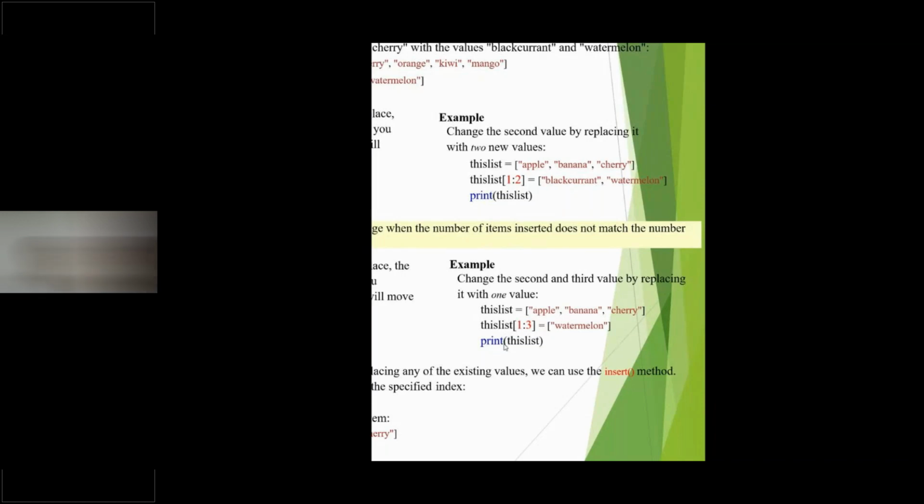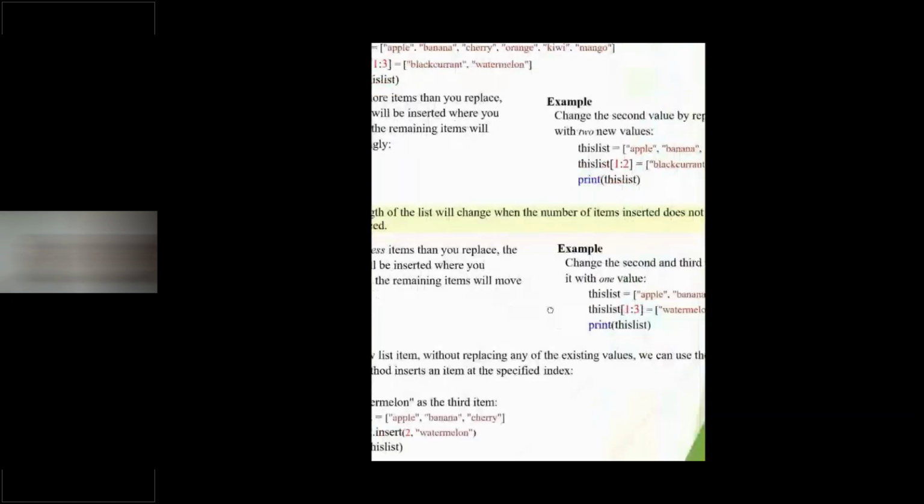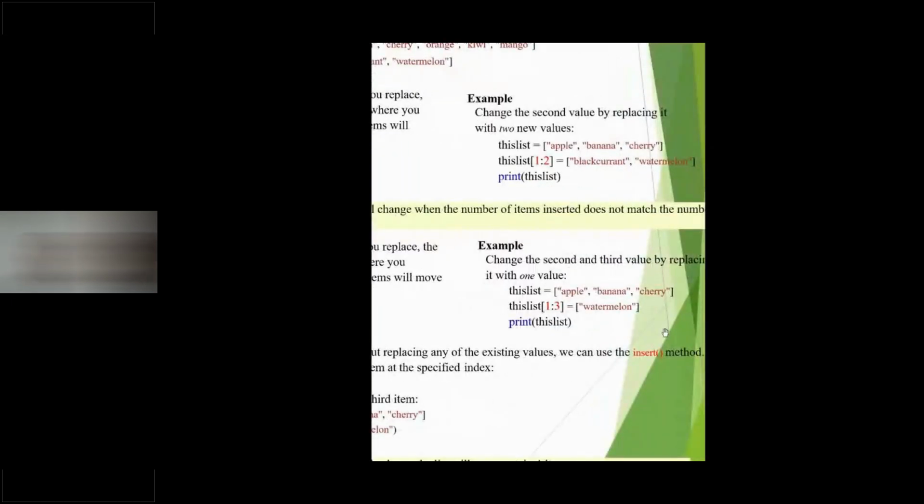You can also give 1 to an empty value, that is, 1 till the last value. So it's going to print apple, watermelon, watermelon? Yes, the two items are replaced: apple stays, and banana and cherry are replaced with watermelon. Those two items are changed with this same single item, watermelon.